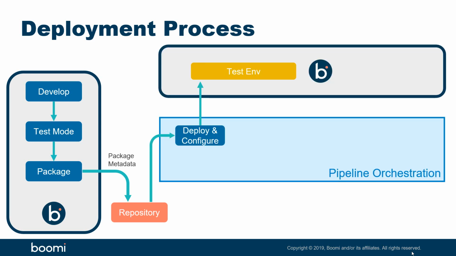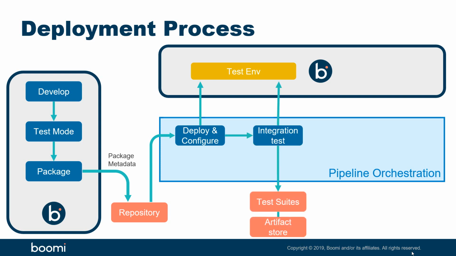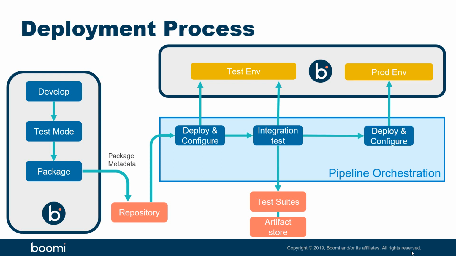The package component is then deployed to a development environment and configured for extension. The integration test is executed manually or through an external test suite. Once the testing is complete, the package is promoted to production and configured for environmental dependency.